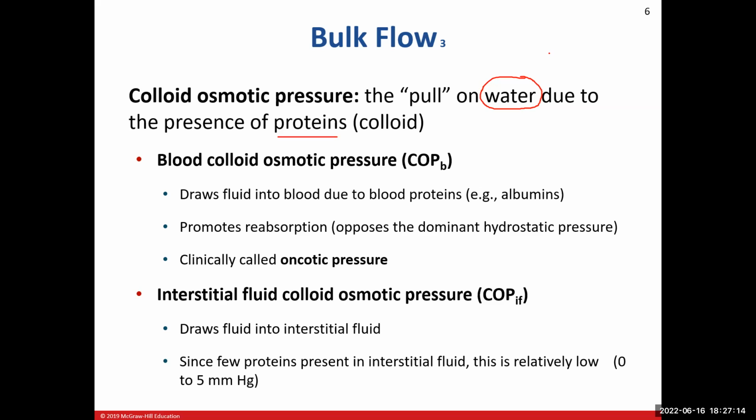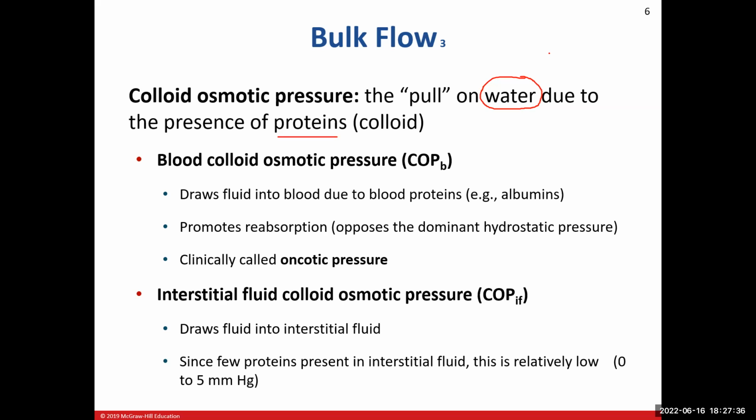Same thing with sugar, glucose. Water loves to follow glucose. That's why people with diabetes have to pee all the time, because they're leaking glucose into their urine. And so as it leaks into the urine, water is going to follow it into the urine, so they pee all the time. So colloid osmotic pressure is this pulling attractive force, right, that proteins have on water.